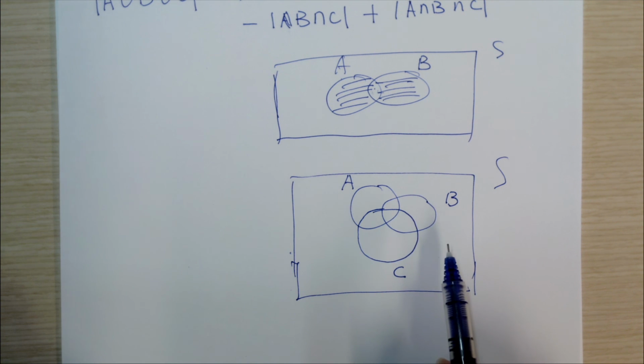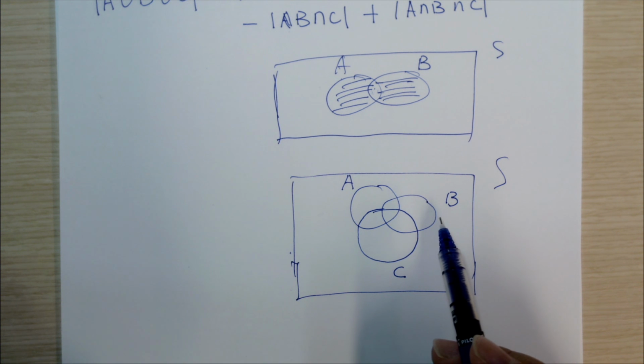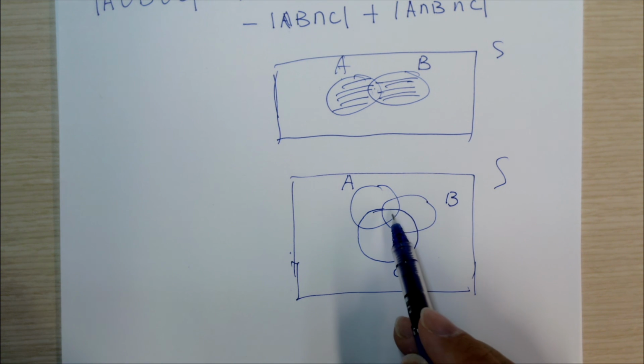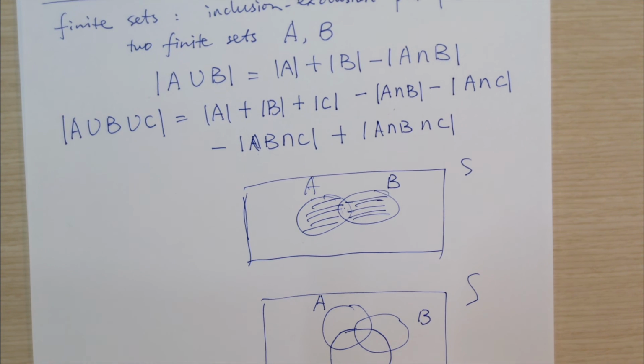But when you subtract those, you actually subtract the intersection of A, B, and C already, so we need to add this back, and then it will give us the total cardinality of A union B union C.